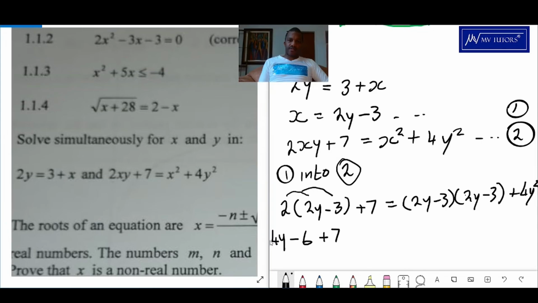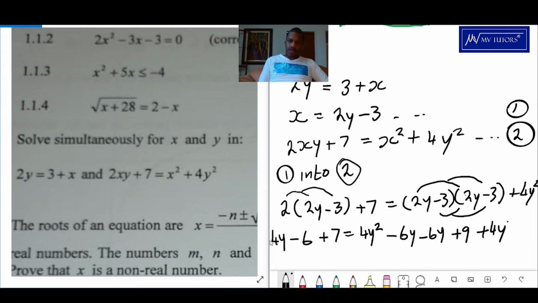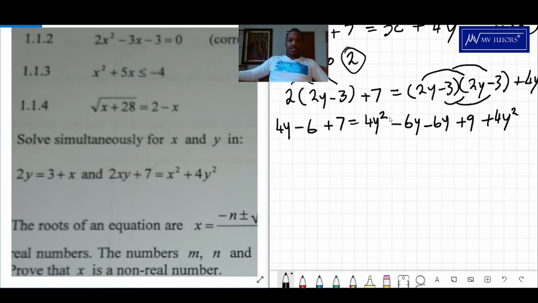I got a plus 7, that's equals to 2y times 2y, that's 4y squared. 2y times -3, that's -6y, and then -3 times 2y, that's another -6y, and then -3 times -3, that's a +9, and then plus 4y squared. Let's continue on that trajectory.